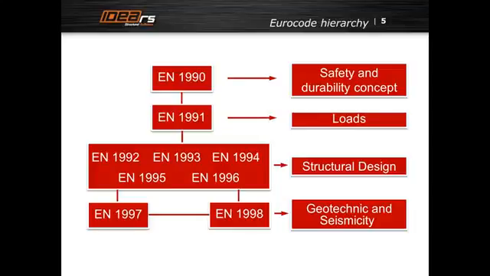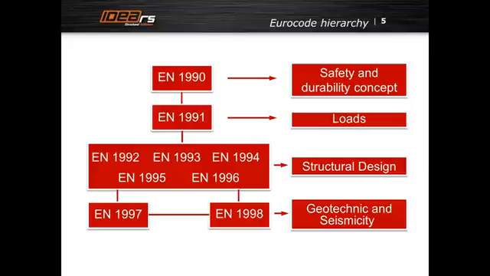Then we have a group of structural design codes. 1992 is Eurocode 2, which is concrete. 1993 is steel. Then composite steel-concrete, timber, and masonry. Then we have 2 codes for geotechnics and seismicity.